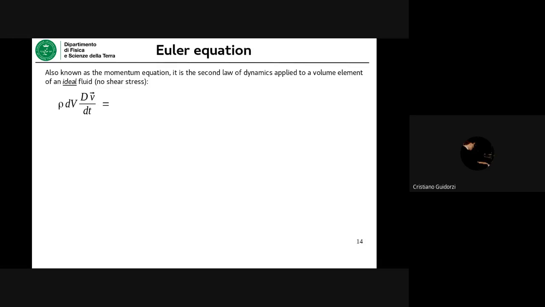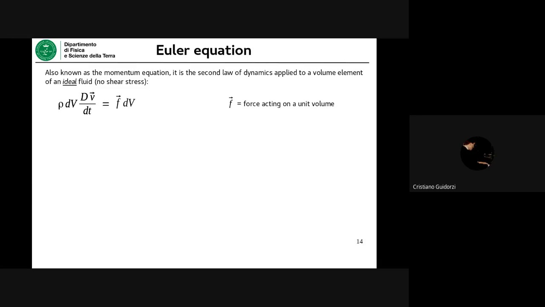No problem. So this is just the second law of dynamics. So we have to put all the forces acting on this element. So what are they? Well, first of all, we have to assume that there is some force field. In particular, given that the fluid is not made of discrete elements of mass, we define F as the force acting per unit volume.